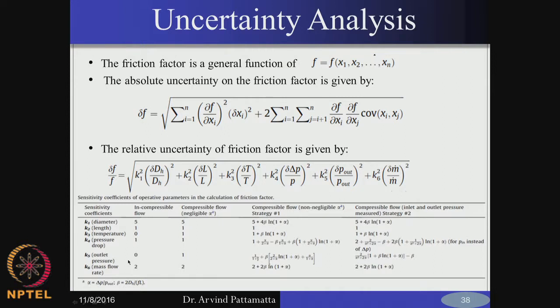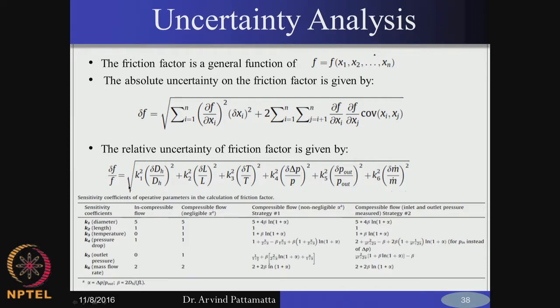Okay. So from the absolute uncertainty we can write down an expression for what is called the relative uncertainty. This will tell you the percentage uncertainty in determining friction factor. It could be plus or minus 5 or 10%. When you say plus or minus 5 or 10%, this is usually relative uncertainty. At that particular value, you basically multiply that value by plus or minus 5% of that value.